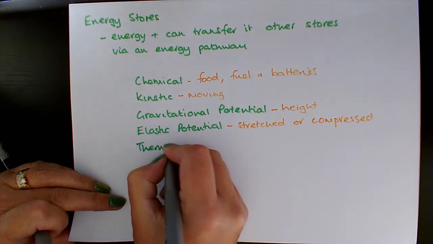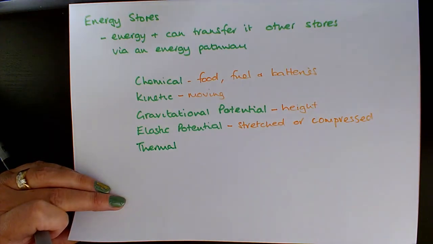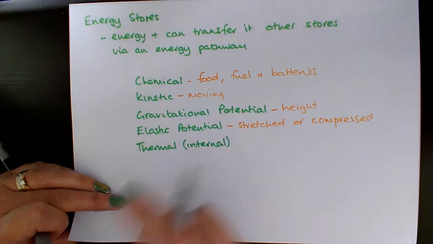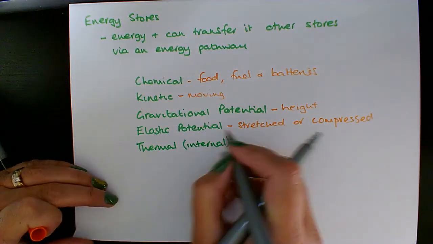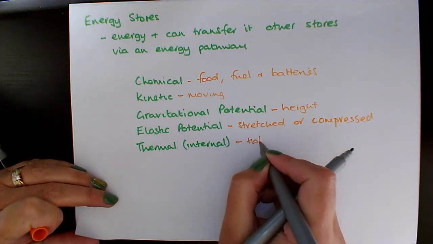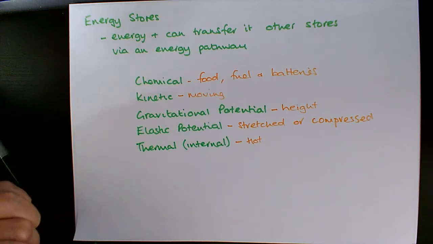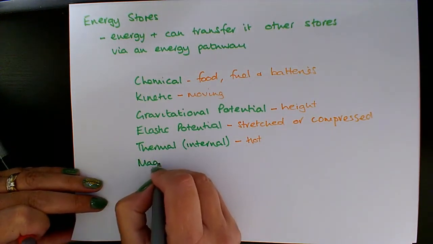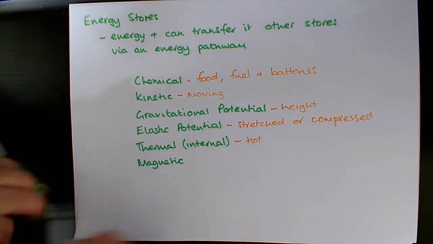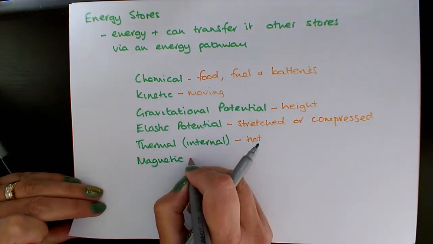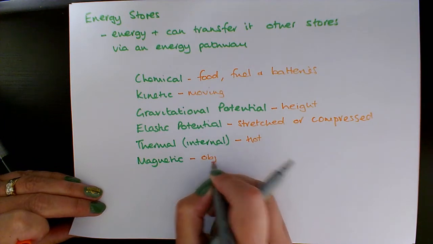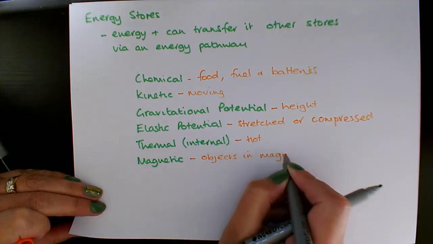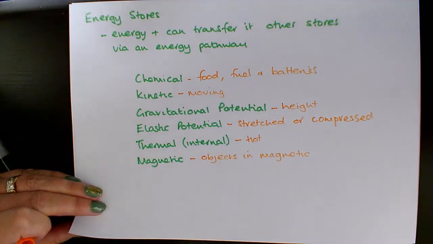We have thermal energy stores, which are sometimes called internal energy stores because all things are hot to some degree. The hotter something is, the more thermal energy there actually is. A magnetic energy store, and that applies to objects in magnetic fields.